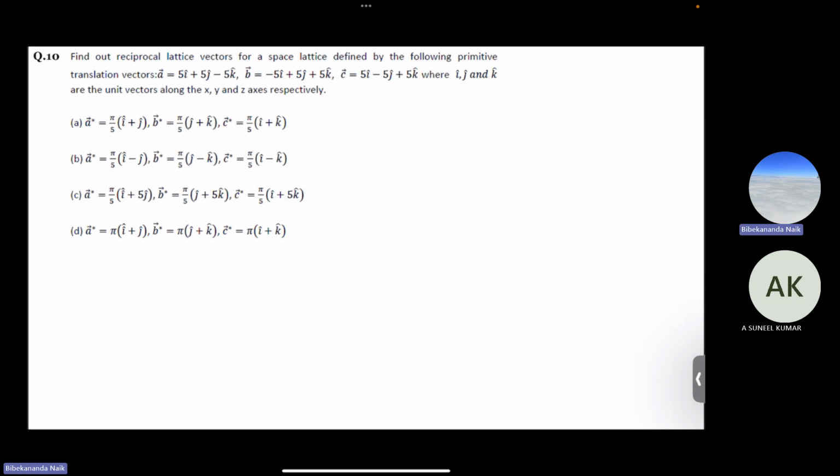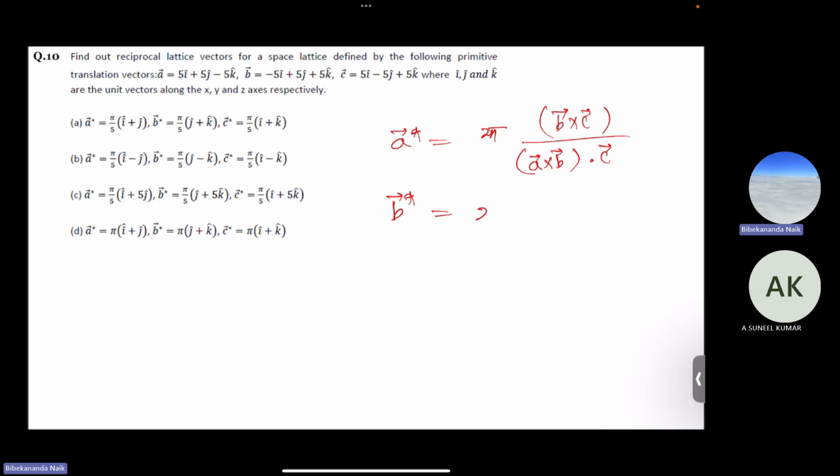So again, this is the same question, but we can't use the previous question's formula, because here we have A, B, and C. Since it is A, B, and C, we know that to calculate the reciprocal lattice vectors, the formula is A star vector equals 2 pi B vector cross C vector divided by A vector dot B vector cross C vector.